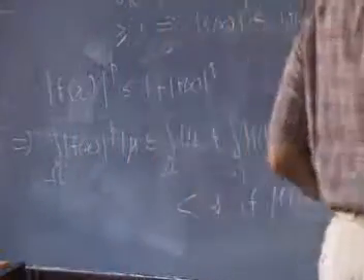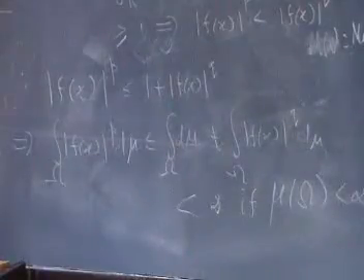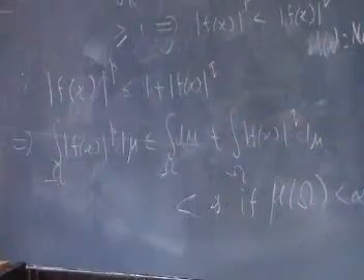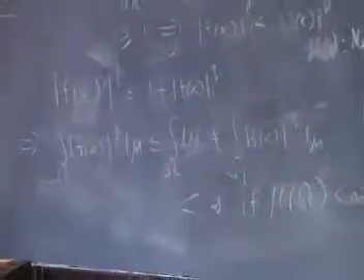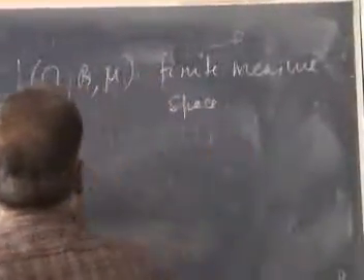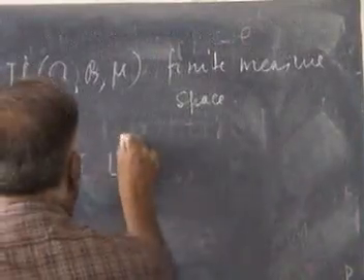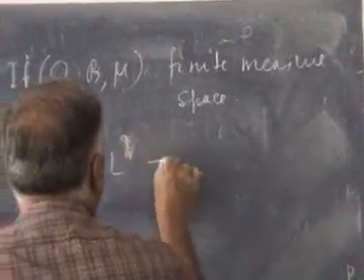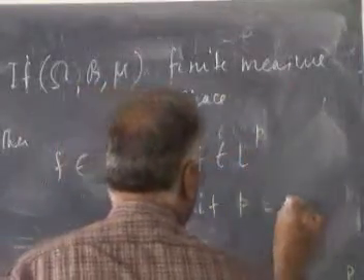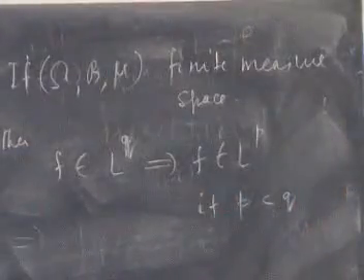Omega with measure mu a finite measure space, then f belongs to L^q implies f belongs to L^p if p is less than q.